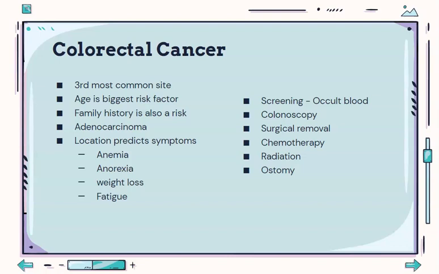There could be some anemia, some anorexia, weight loss, fatigue. We can do a stool sample testing for blood. We can do a colonoscopy that will allow us to pull tissue samples again. We can also do surgical removal. We can treat with chemotherapy, radiation, and ostomies if need be, just depending on the severity and route of treatment prescribed.